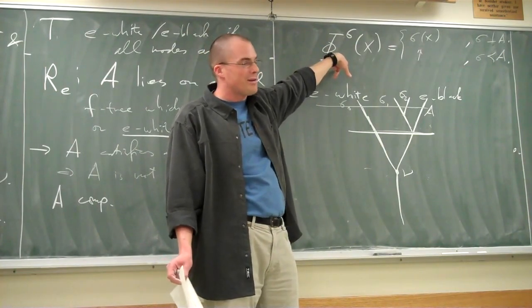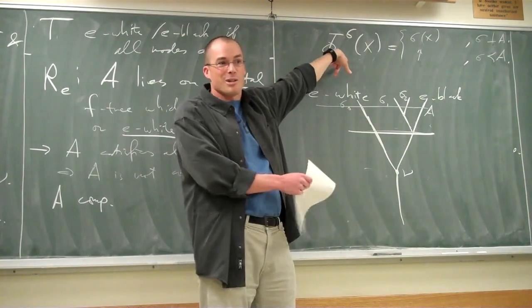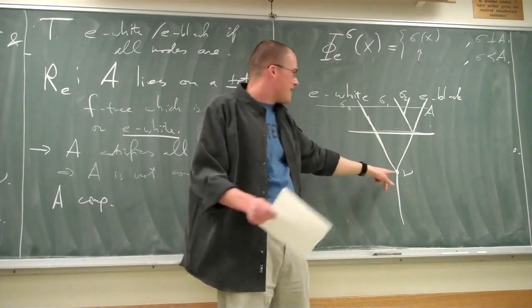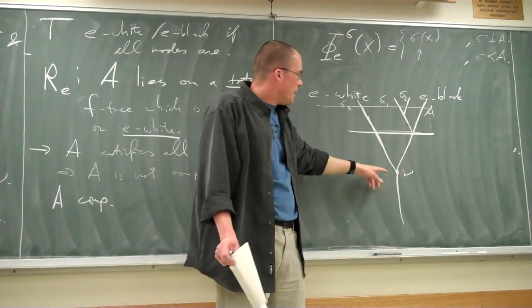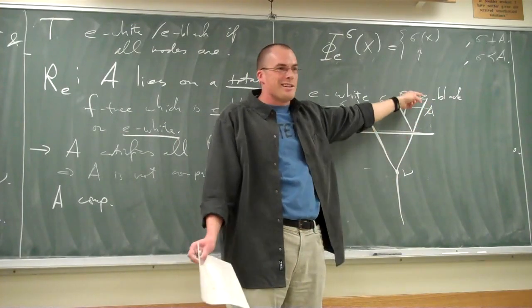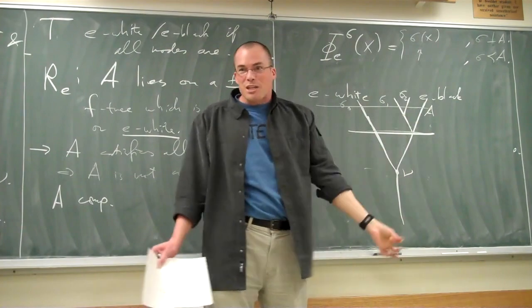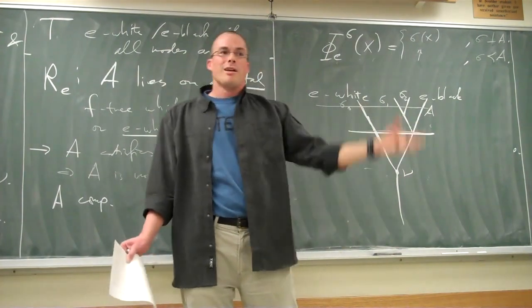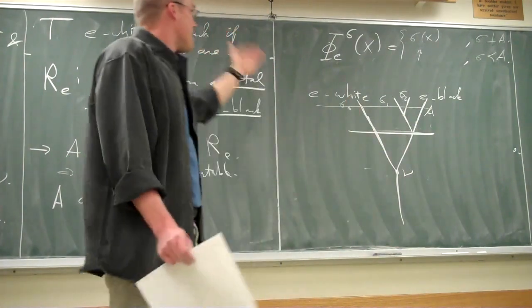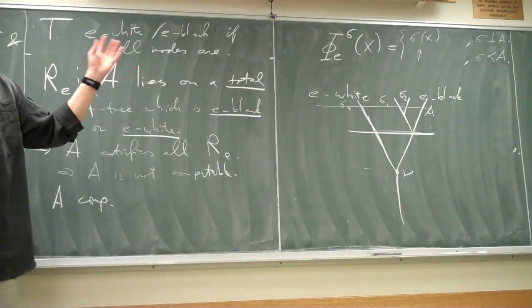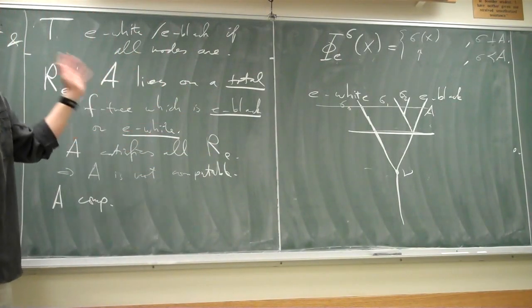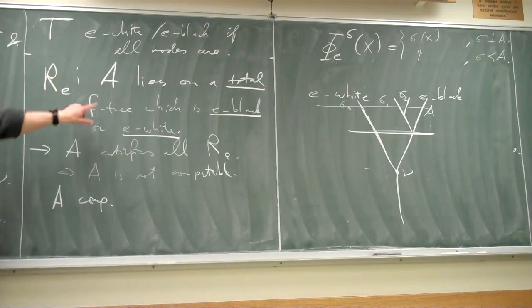And so now I've argued that this arbitrary node on the tree, well, it's not entirely arbitrary, it's an initial segment of A, cannot be E black, it cannot be E white, which is a contradiction with the existence of there being a total E black or E white F tree.